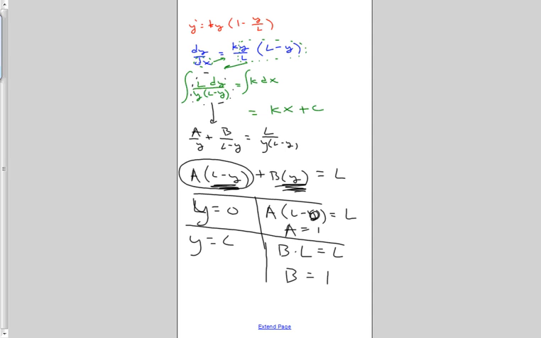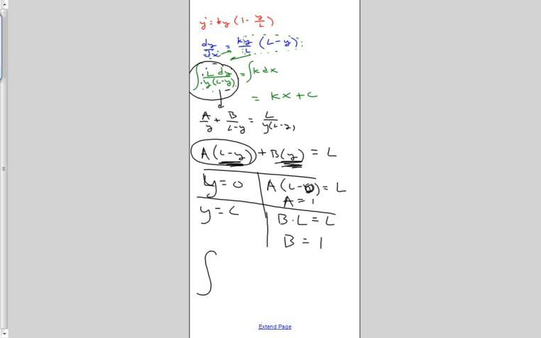Therefore, we can rewrite this fraction as a partial fraction: the integral of A over y, so 1 over y, plus the integral of B over L minus y. That's coming from taking these points, A is 1, B is 1, and plugging them back into our partial fraction.